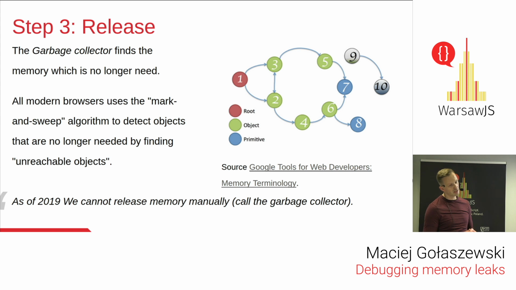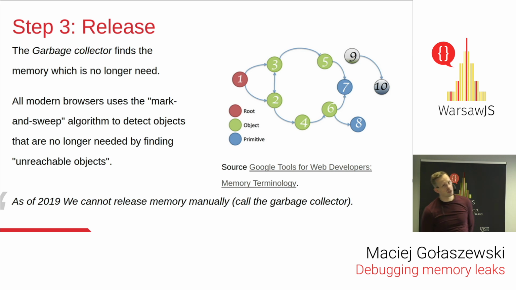The garbage collector will find those objects that are no longer needed by your application and will free this memory for you. But the question is, how does the JavaScript engine know which objects are no longer used?